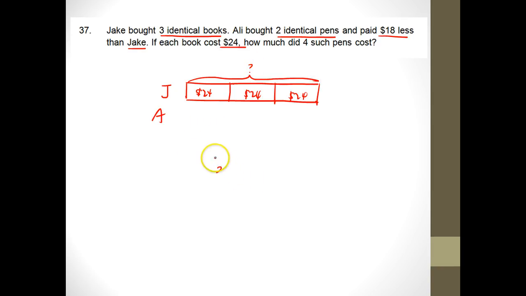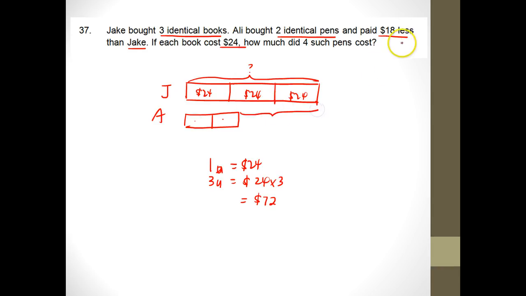So 1 unit is $24. So 3 units will be 24 times 3, which is $72. So now let's look at Ali. Ali bought 2 pens. Okay, 1 pen, 2 pens, and paid $18 less than Jake.